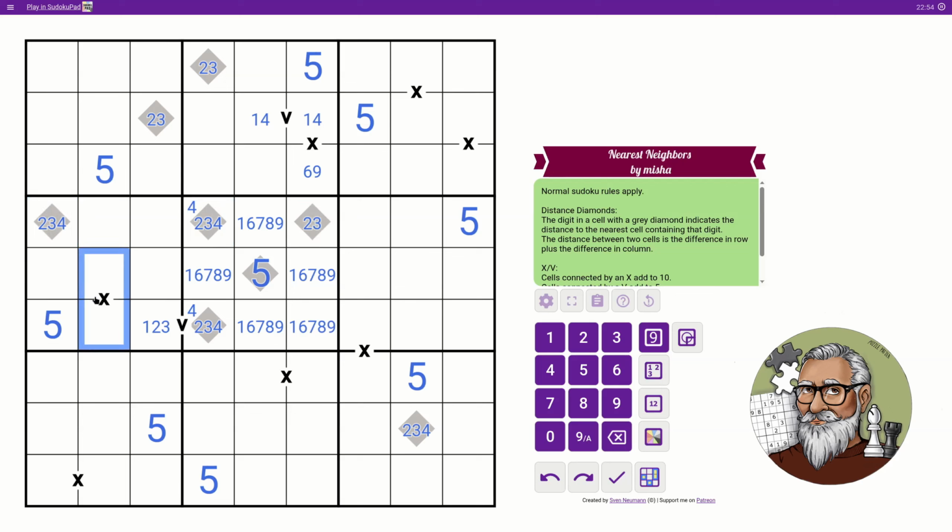Do I know more about this one? I don't. Well, there's one low and one high. What does that mean? I'm not sure. Can this be a low digit?